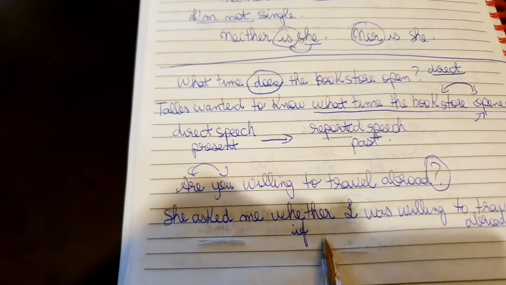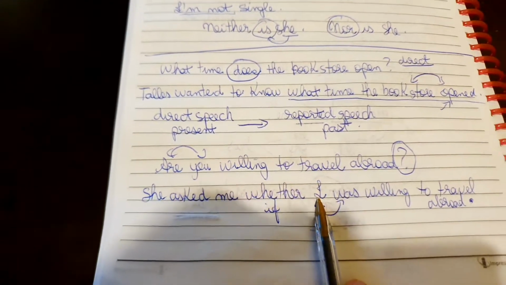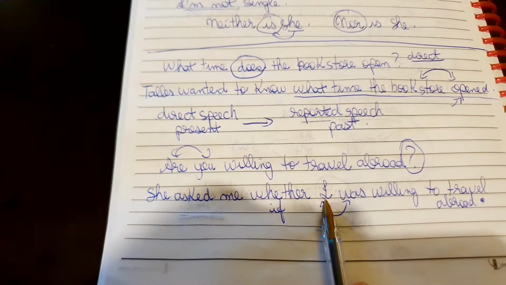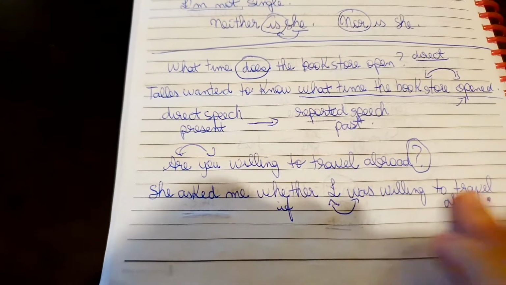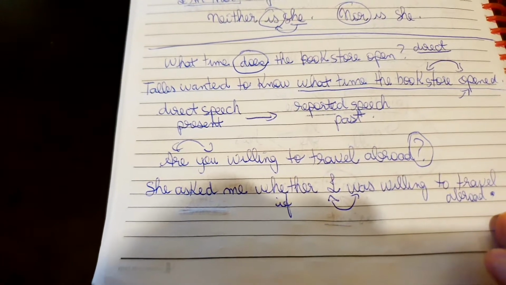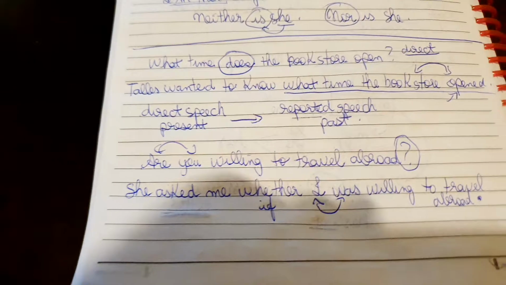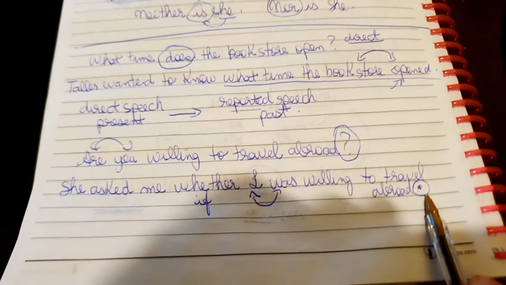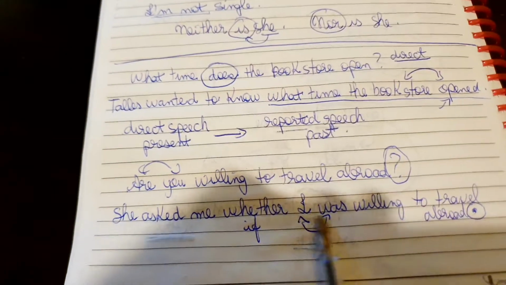She asked me whether I was willing. So the word order is the subject and the verb, okay? As if it was an affirmative or negative sentence. And as a matter of fact, it is an affirmative sentence, as we don't have a question mark here. So, I was willing.